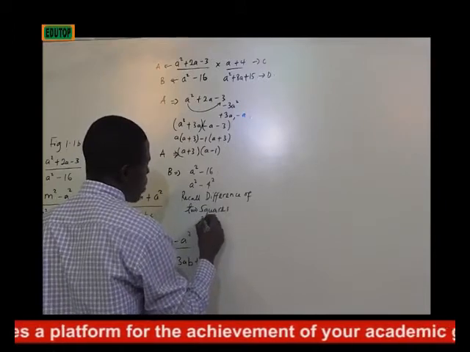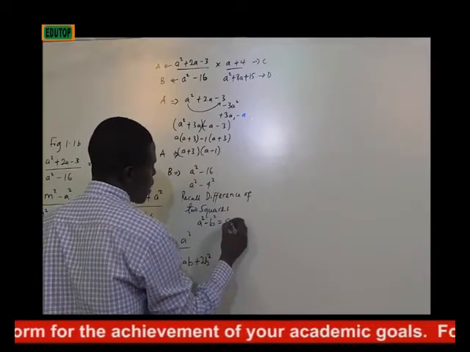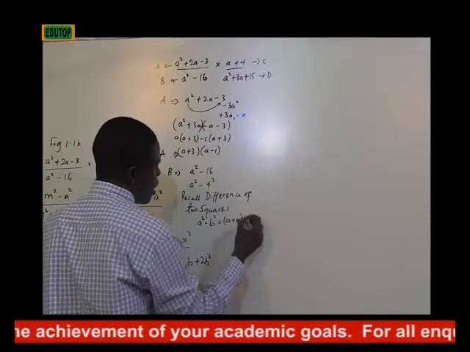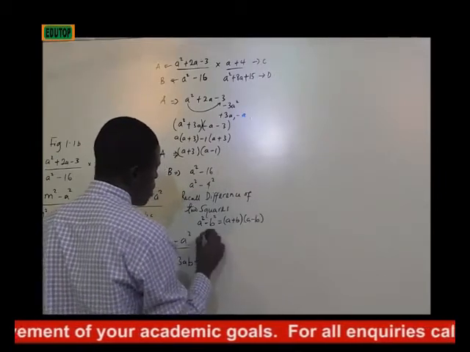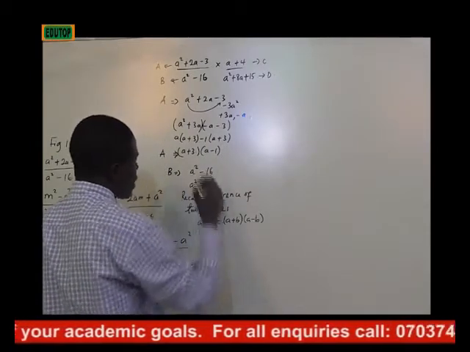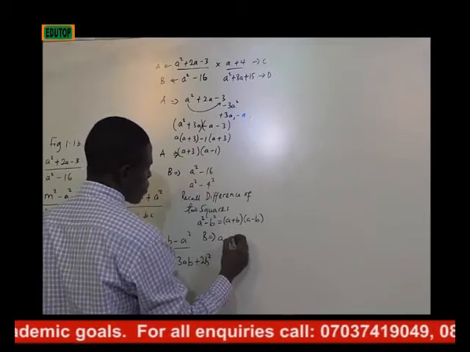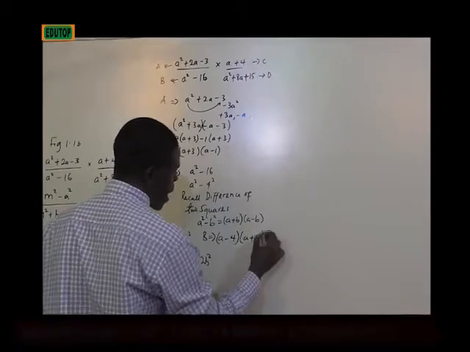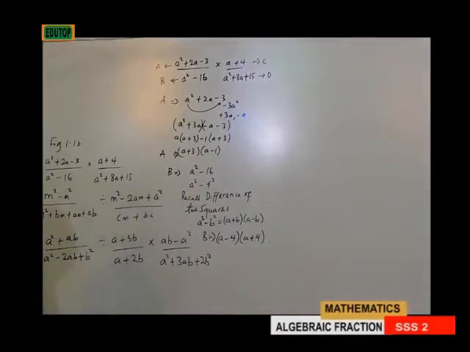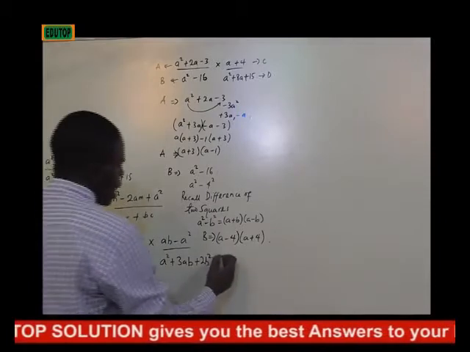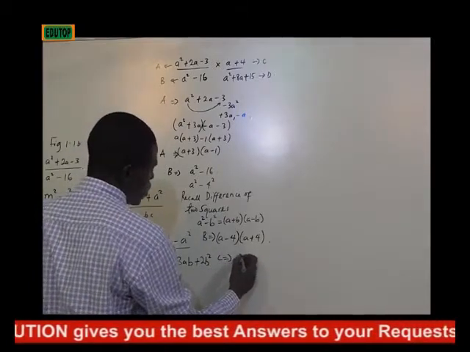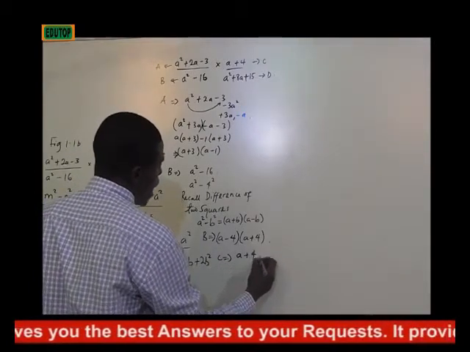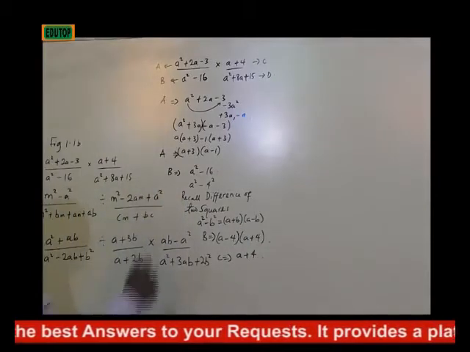We state that a squared minus b squared is the same thing as a plus b, a minus b. So B case now, I can write B as a minus 4, a plus 4 by difference of two squares. Then the C. There is no point tampering with C because C is a linear expression. You leave it.